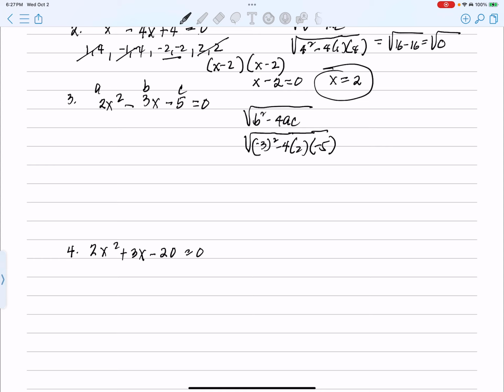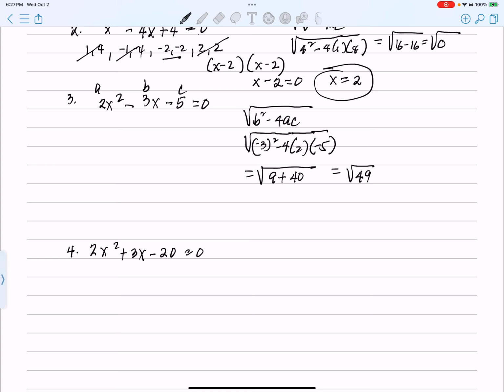Simplifying, that would be 9 plus 40, which is 49. 49 is a perfect square.